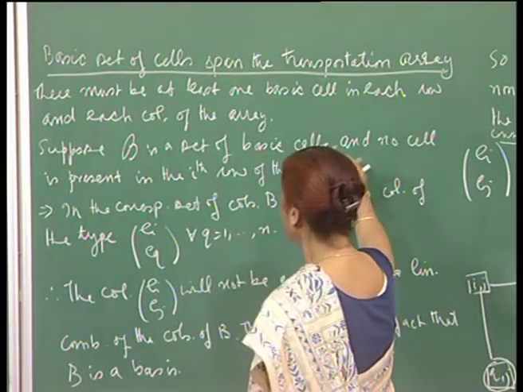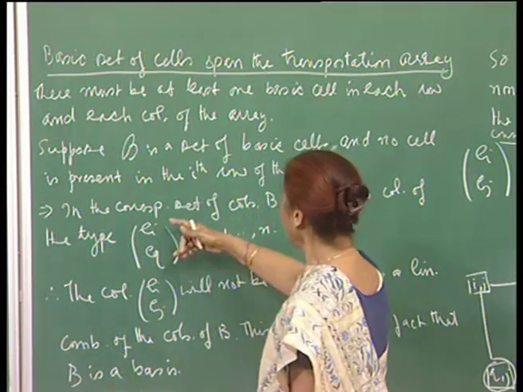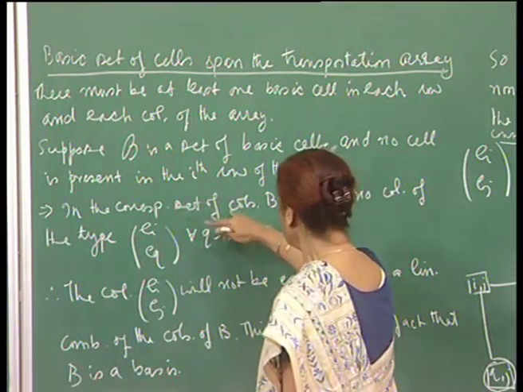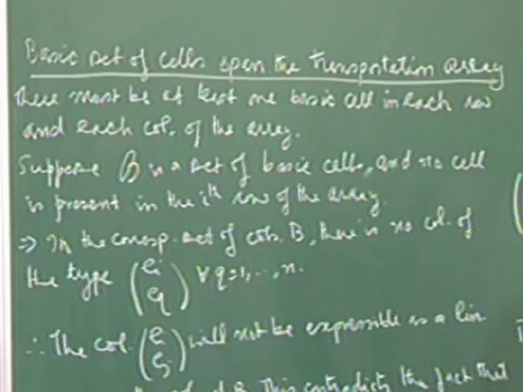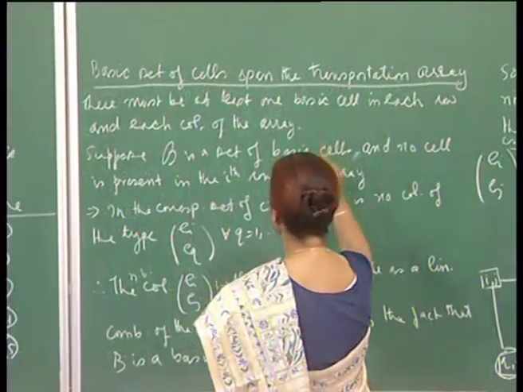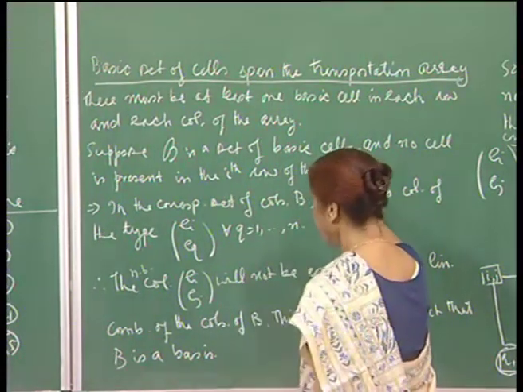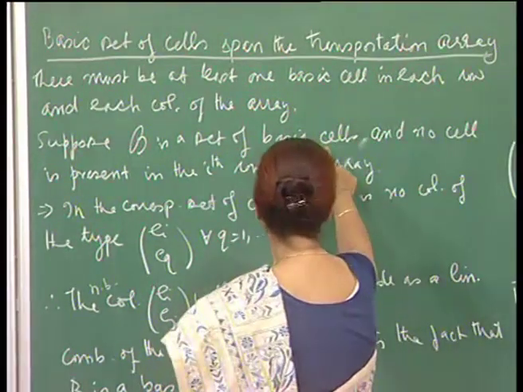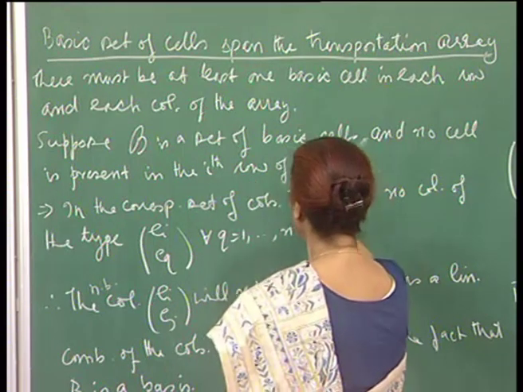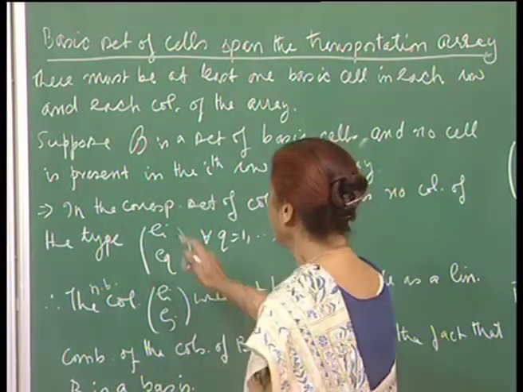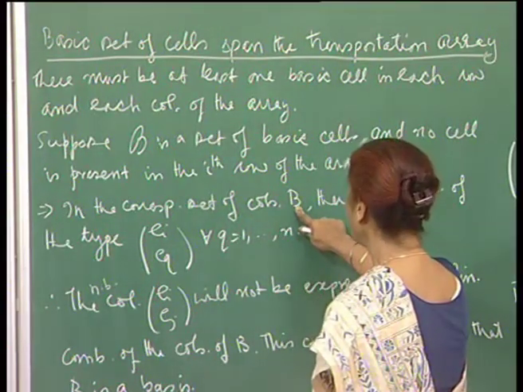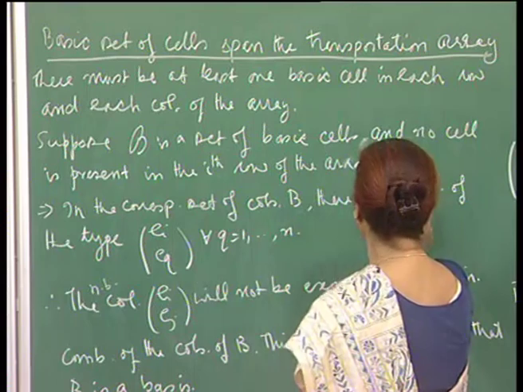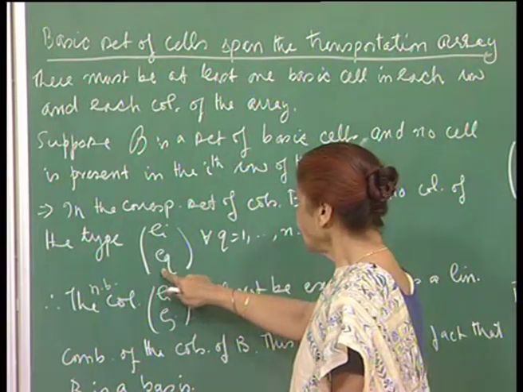And how can I support this? Suppose B is a set of basic cells and no cell is present in the ith row of the array. What does that mean? That means in the corresponding set of columns B, which is the basis for the matrix A, there is no column of the type Ei Eq.